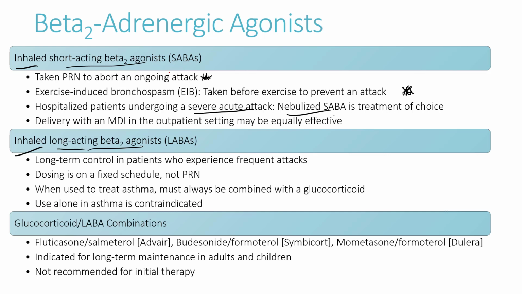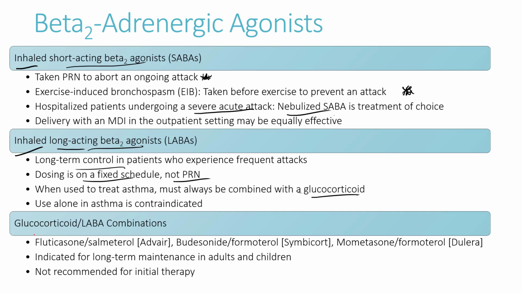Long-acting beta agonists that are inhaled are for long-term control, so fixed schedule, not PRN. So again, this is given to basically control and to promote bronchodilation throughout the day. And when used to treat asthma, it must always be combined with a glucocorticoid.